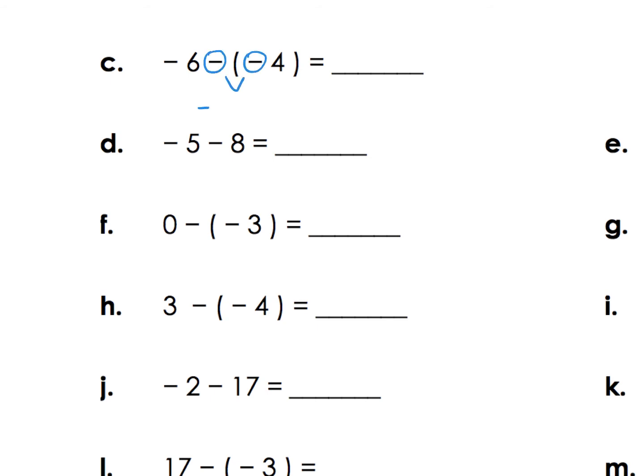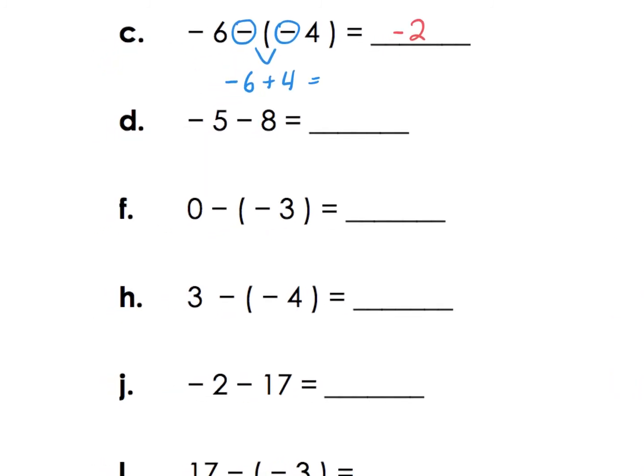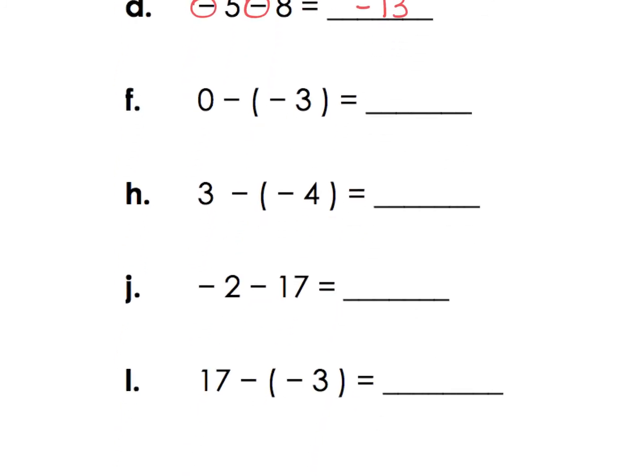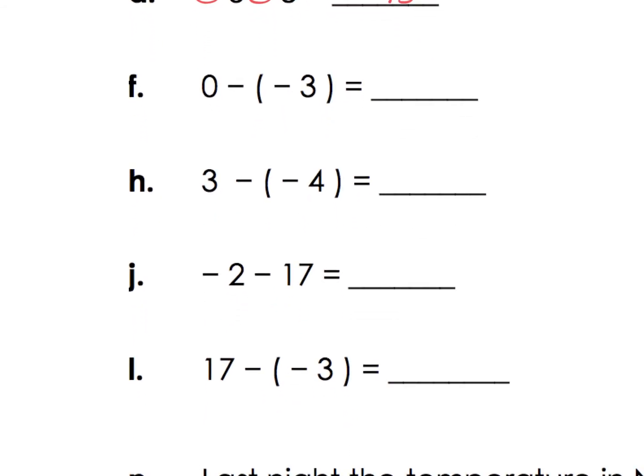So I'm going to rewrite this one now. Now I want to think opposite signs. We act and subtract. 6 minus 4 is 2. And I keep the negative 2 because it's bigger. A negative and a negative give me a larger negative. So we get negative 13 there.